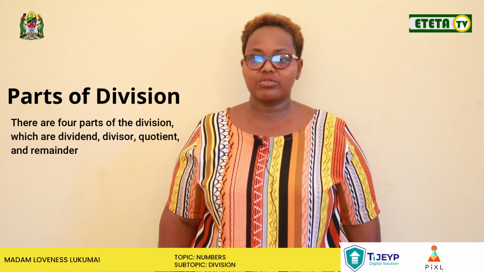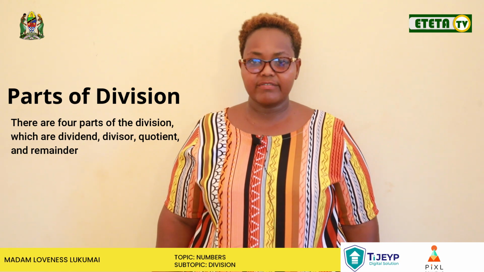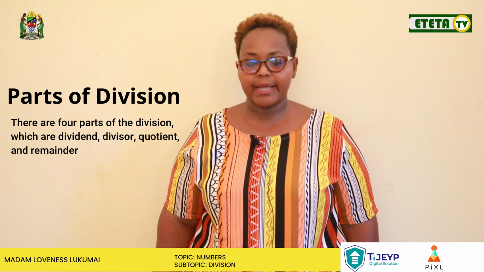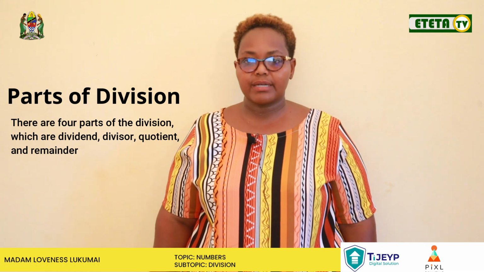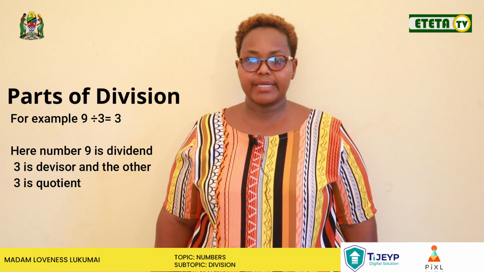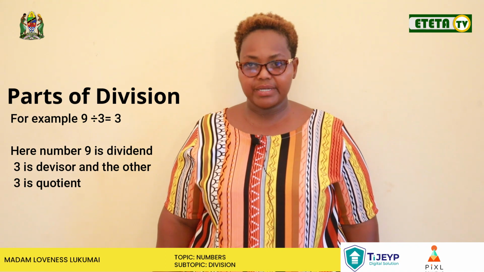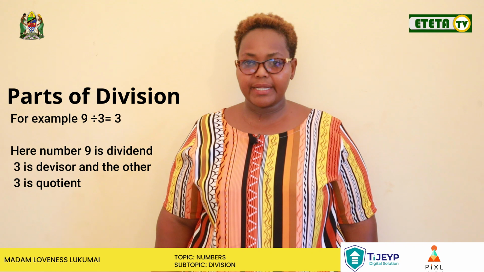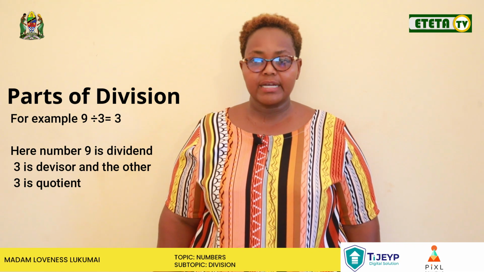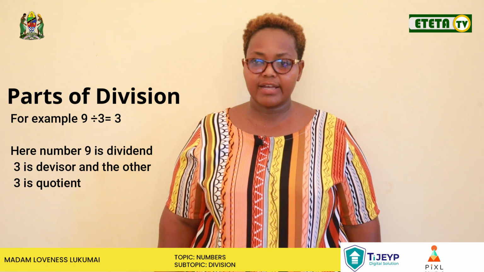Now let us discuss the parts of division. There are parts of division, which are dividend, divisor, quotient, and remainder. For example, here we have 9 divided by 3 is equal to 3. What does it mean? Number 9 here is the dividend. Number 3 is the divisor.